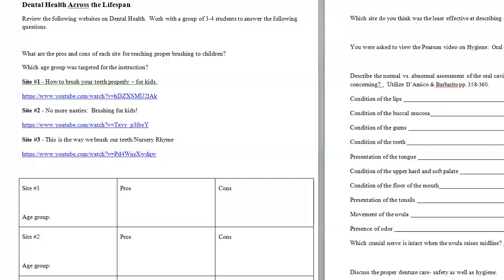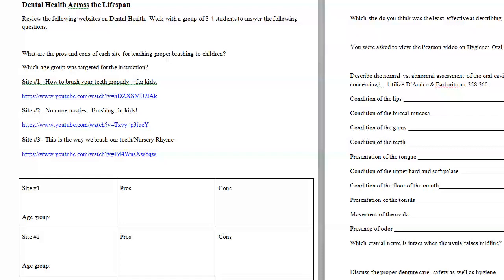And I'm going to show you 3 videos here, which we'll talk about and compare each one as well. But I think it's also important, as I mentioned with the lecture, to assess our adult patients' oral hygiene and what kind of shape, if our patients do have dentures or partials, those particular devices are in for our patients. Do they fit properly? Are they being cleaned properly? How long have they had them?